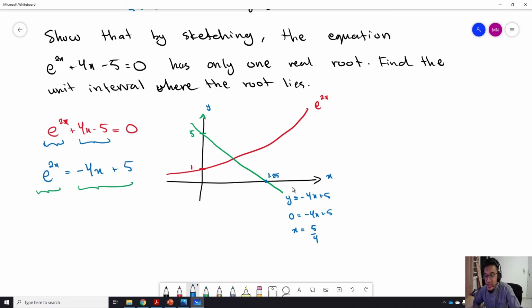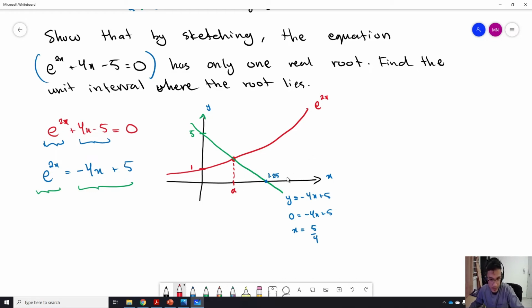But that is not the root of the equation. The root of the main equation, e to the power 2x plus 4x minus 5, lies at this point, the point of intersection. So this is the alpha, the root of the graph. So what we need to do next is to find the interval around this alpha. It means we have to find the left and right of this alpha.